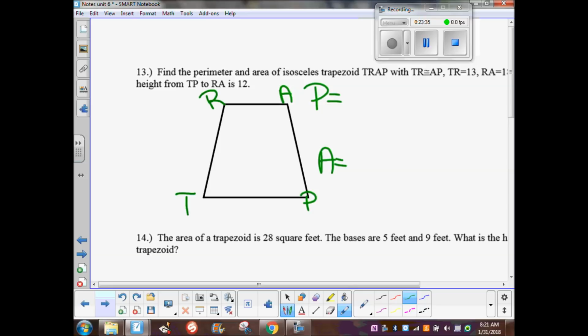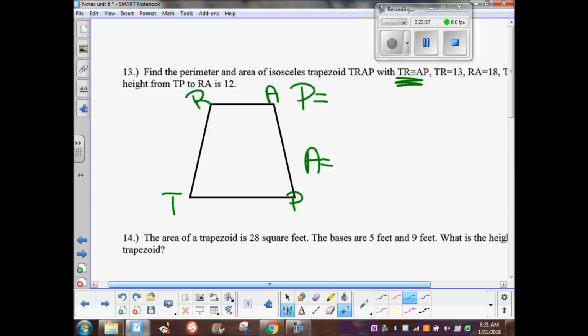It gives us this little piece of information over here. Make sure we label it correctly. It says TR is congruent to AP. There's another word in here that I skipped over: isosceles. So what does that mean? An isosceles triangle has how many congruent sides?